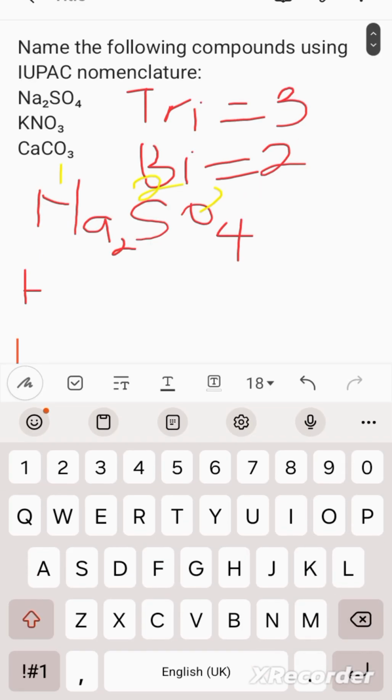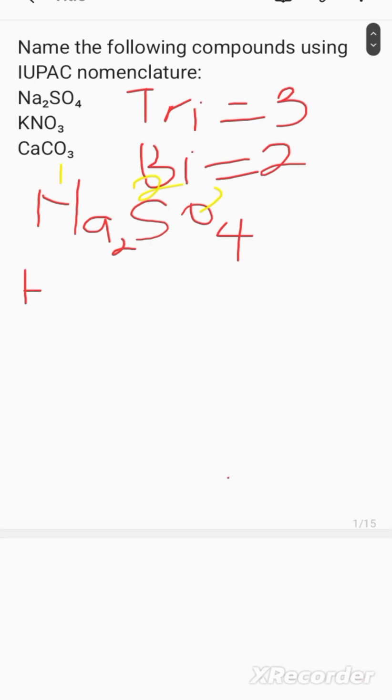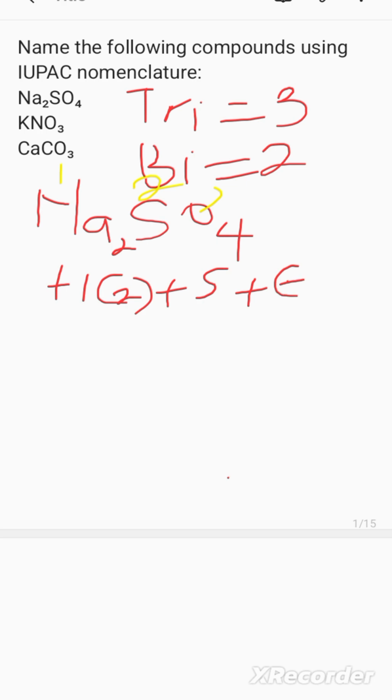The oxidation state of sulfur is the unknown. Sodium is +1, and we have 2 of it, so you will multiply by 2. The sulfur is X, plus oxygen. Oxygen is always -2, and you have 4.